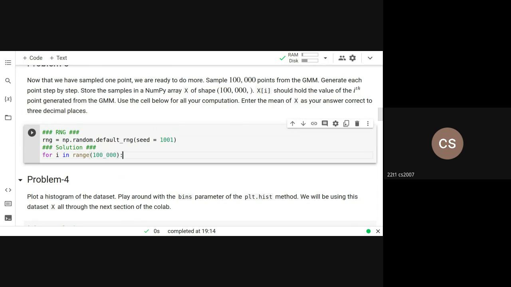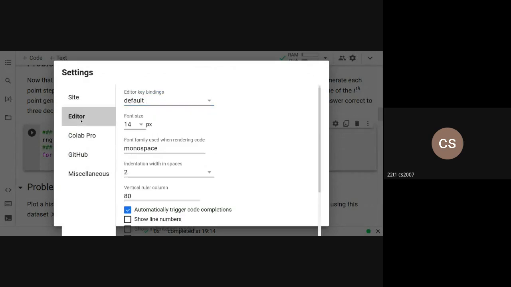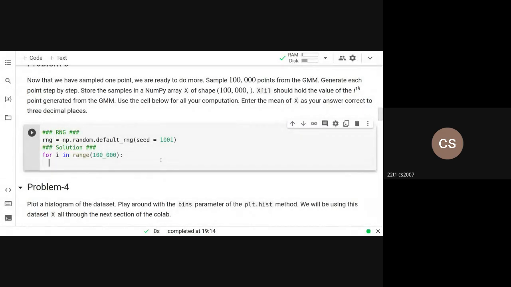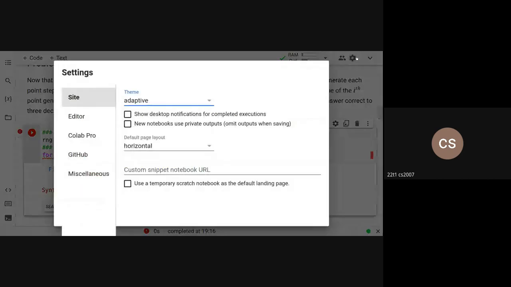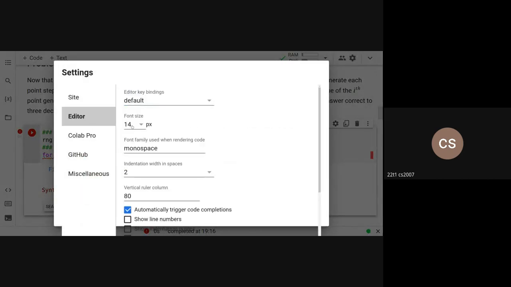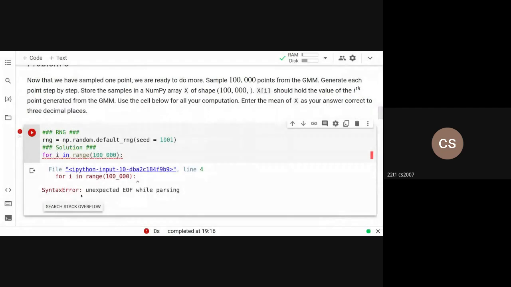Right. So can please change. I'm kind of used to this 4 indents, so that's why I'm spending time on this.